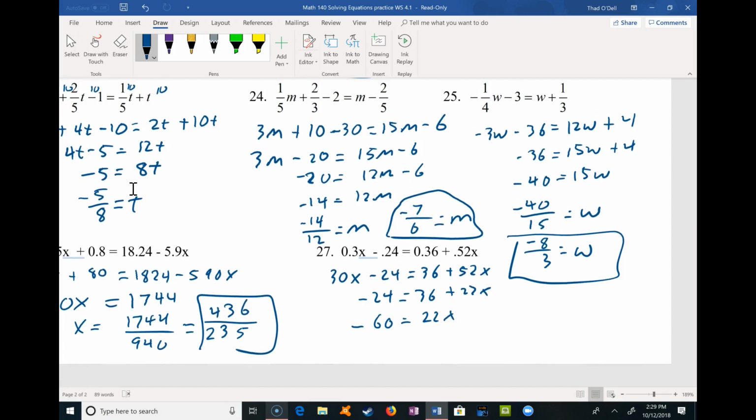Divide both sides by 22, and I get negative 60 over 22 is equal to x, which I can reduce by 2, so that'd be negative 30 over 11. All right.